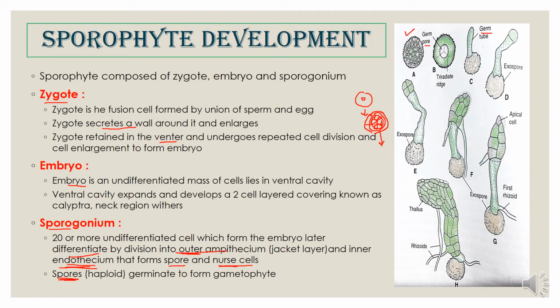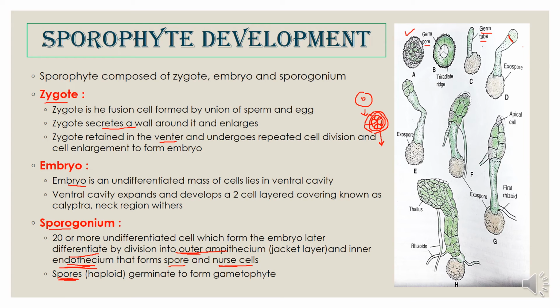The content of the spore has a haploid nucleus, that is n, and this entire germ tube grows out into this structure, and at the very apical region a septum is formed. Gradually, by repeated septation, the structure of the gametophyte develops.